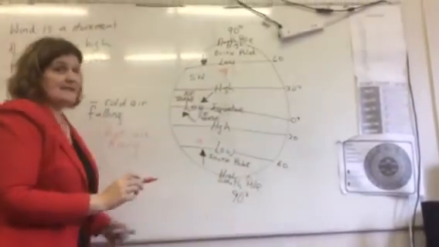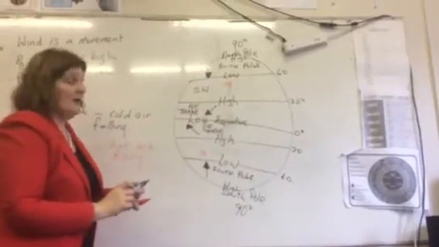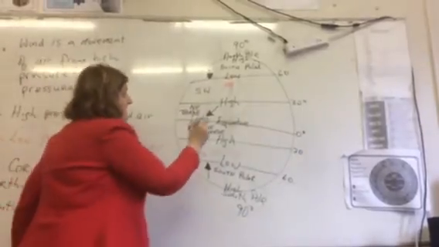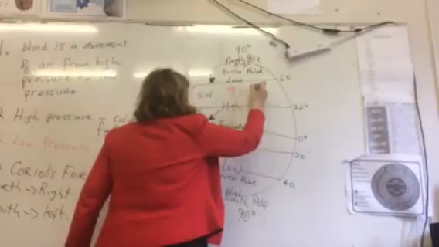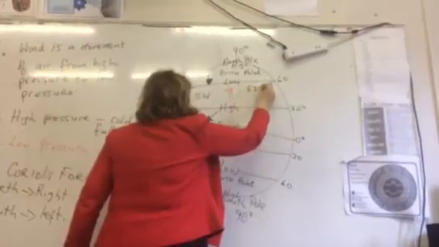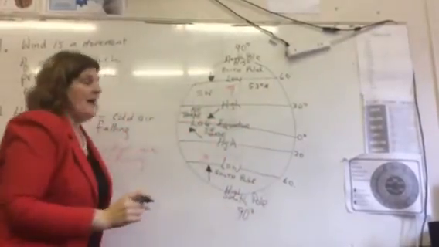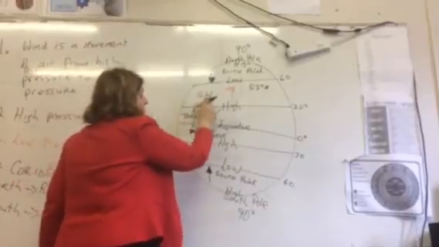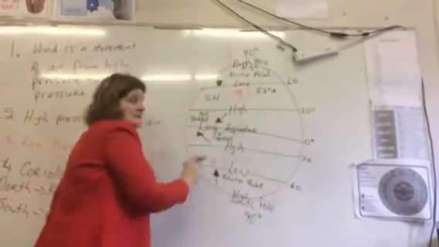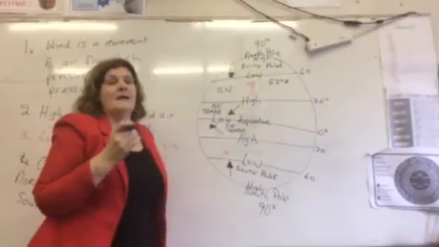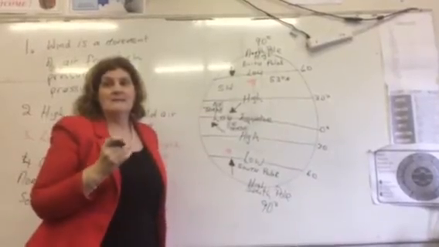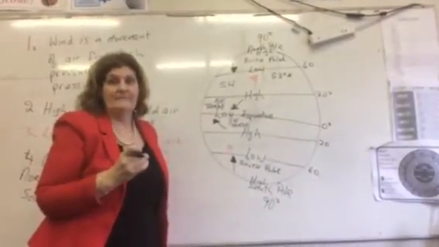The last thing that I have to do with you now is Ireland. Ireland is 53 degrees north. That's its latitude. And the prevailing wind over Ireland is the southwest wind. Prevailing means the wind that blows most often.